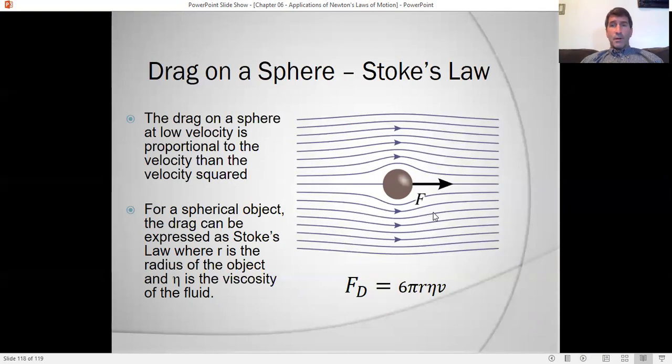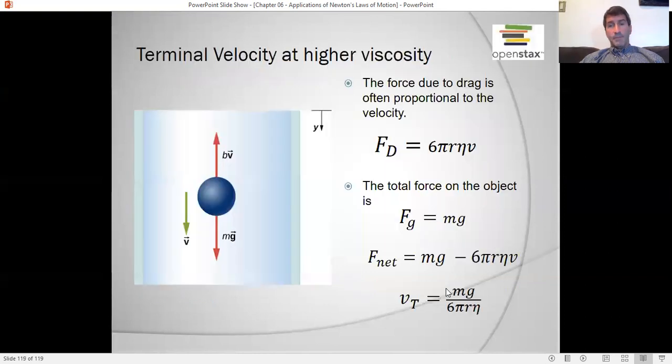There's also something called Stokes' law for round objects. The force of drag for a round particle is 6 pi times the radius of the particle times the viscosity times the velocity. So when we calculate terminal velocity from this, we can see that different particles will settle out at different rates, okay? This is very important because if you shake something up, larger particles are going to settle first, and the lighter particles will settle last.